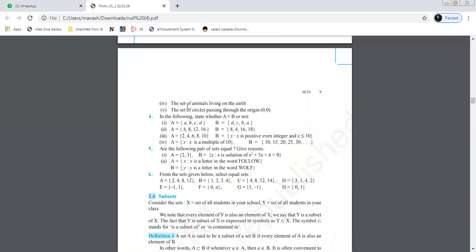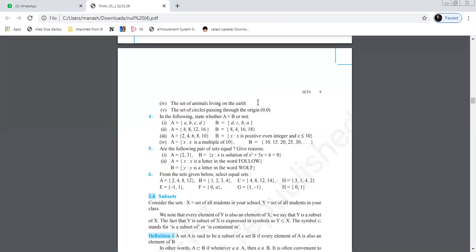Next, the set of animals living on the earth. Is this one finite or infinite? Finite. See here, actually literally we cannot calculate or count all the animals on the earth.